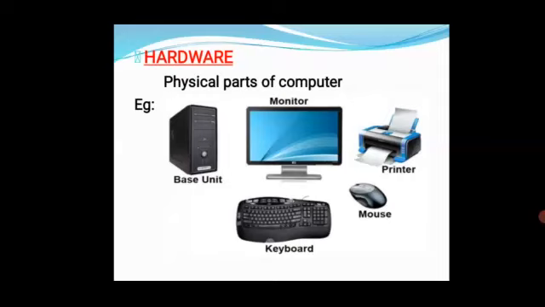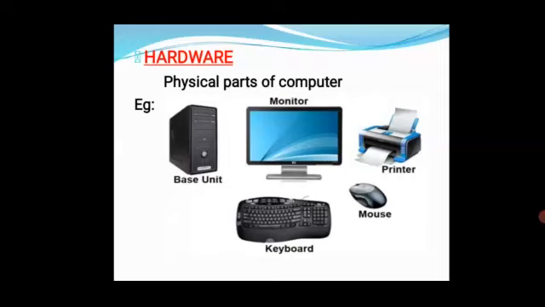The printer is also one type of hardware. What is the use of the printer? The printer is used to print the information stored in the computer. We can get a printed copy of a particular document which is stored inside the computer.